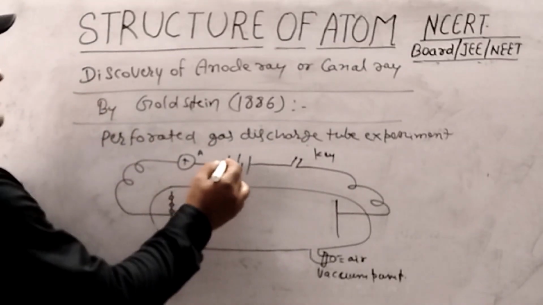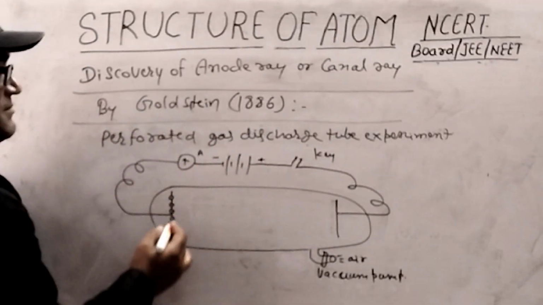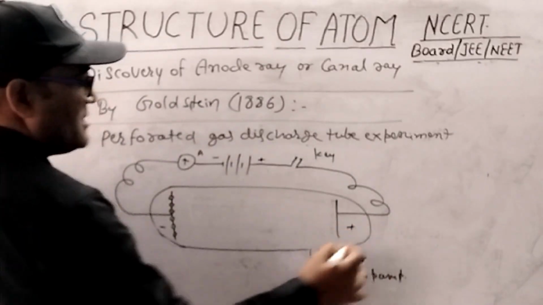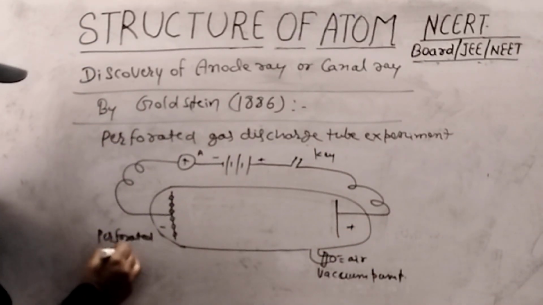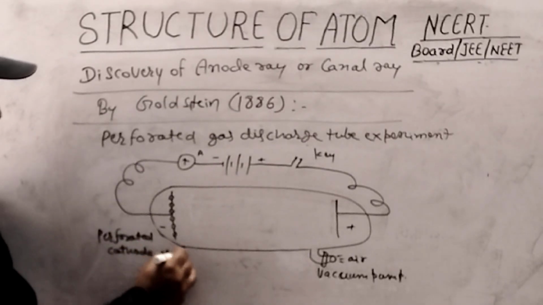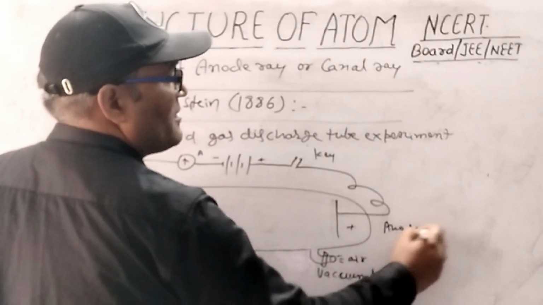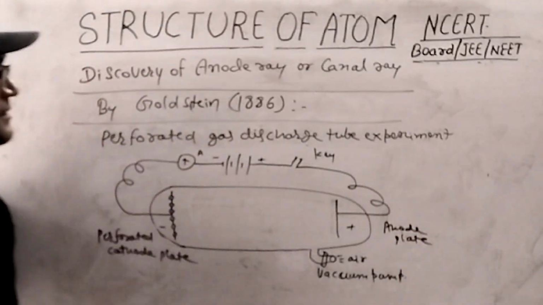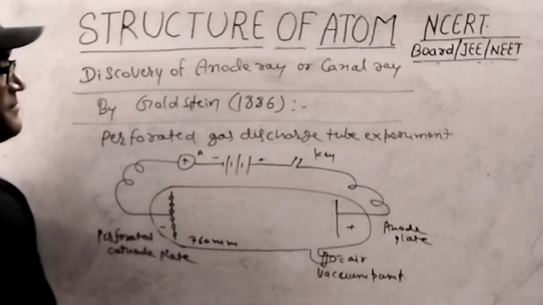Now this part of the battery is negative, this part is positive. So here is the negative plate, here the positive plate. The negative plate is the perforated cathode plate and the positive plate is the non-perforated anode plate. Pressure inside the tube is 760 mm of Hg.